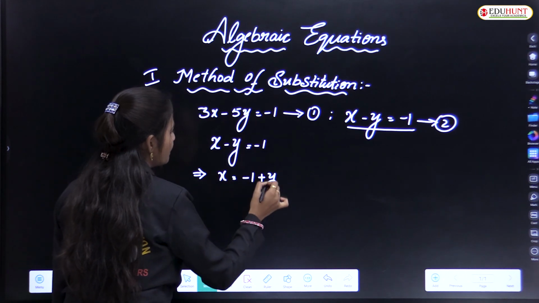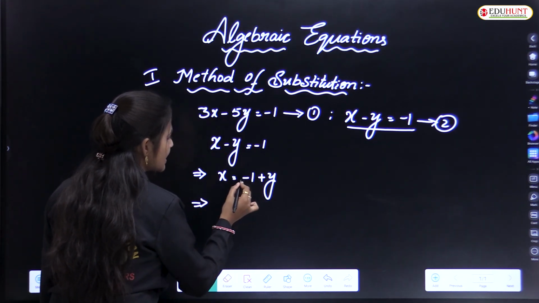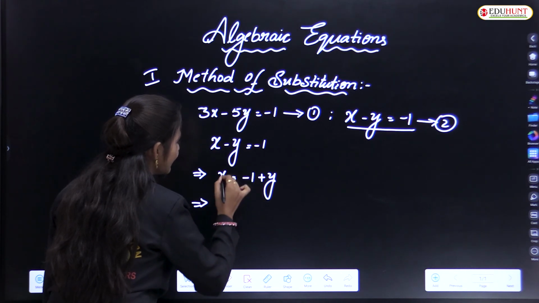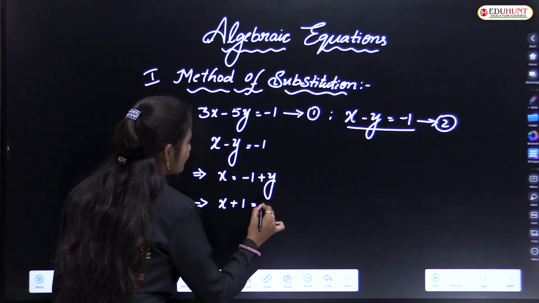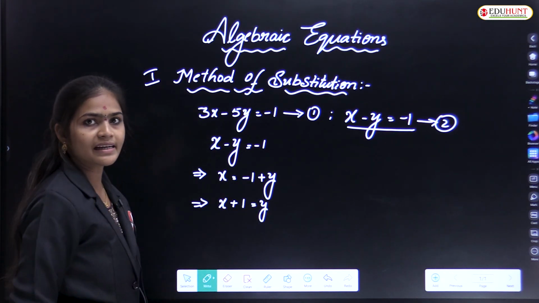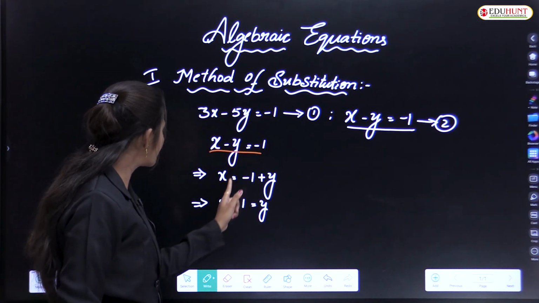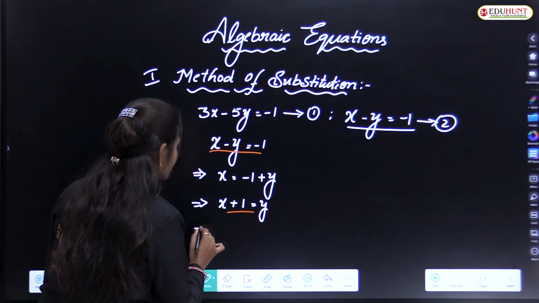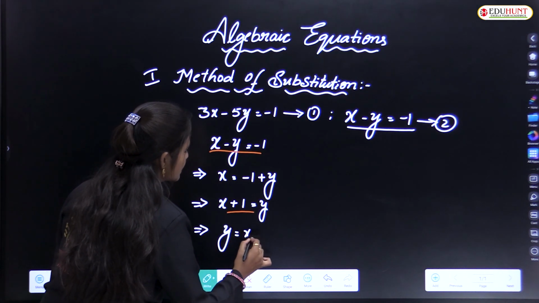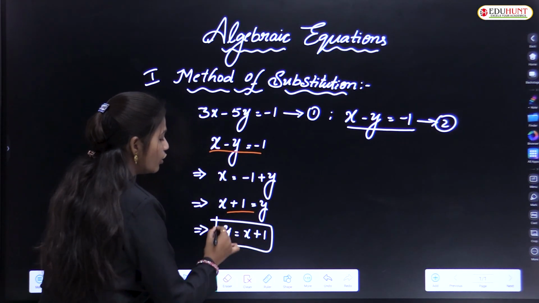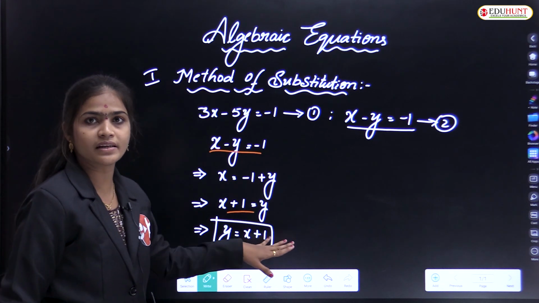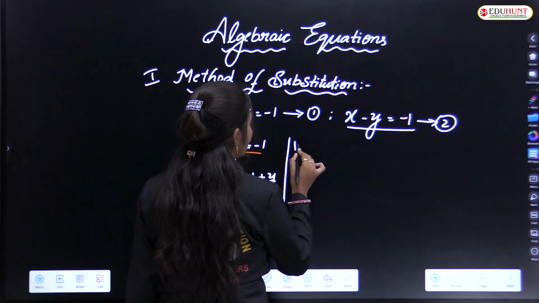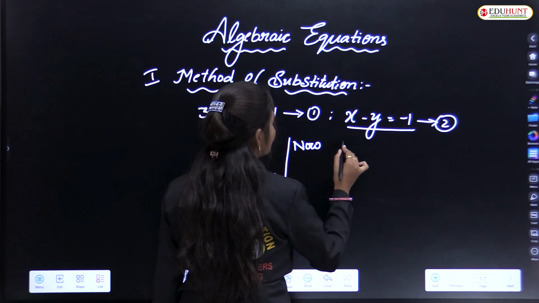Still we need the minus 1, no? So x minus 1 becomes plus 1, which equals y. Shall we write it like this? Yes, of course. So we can write this as y equals x plus 1. The value of y equals x plus 1. From this equation we got that. Now substitute.